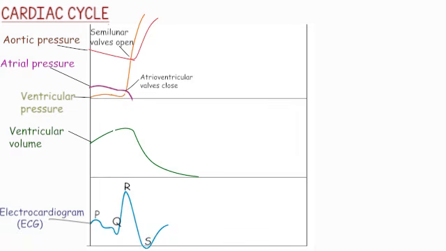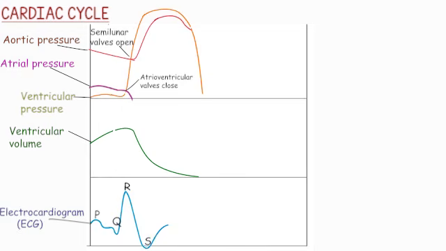Eventually, because most of the blood has been pumped out of the ventricles, the ventricular pressure begins to fall, and the aortic pressure also begins to fall, specifically because less blood is being pumped into the aorta from the ventricles. And that leads us to ventricular diastole.